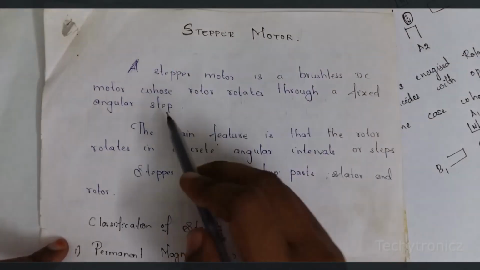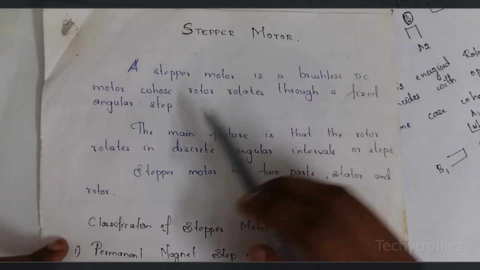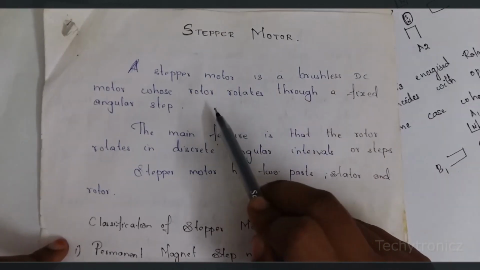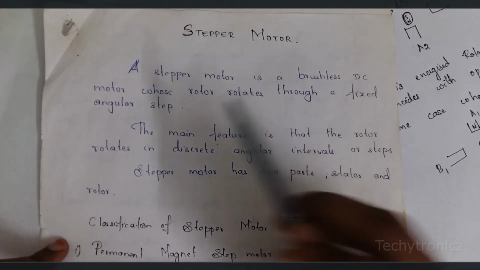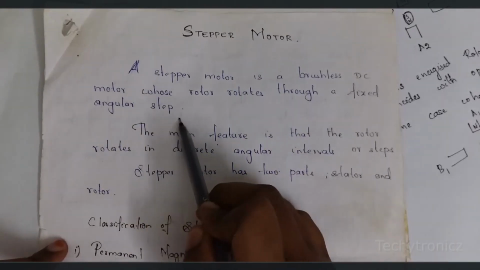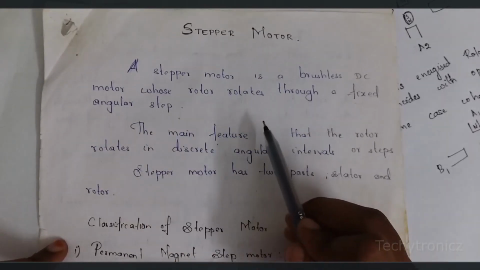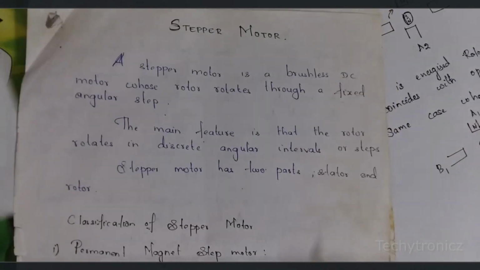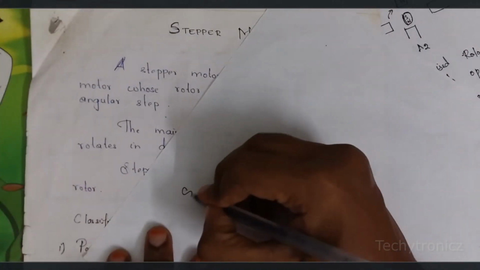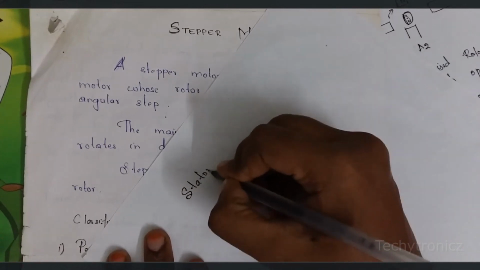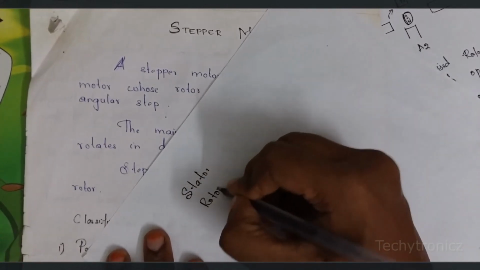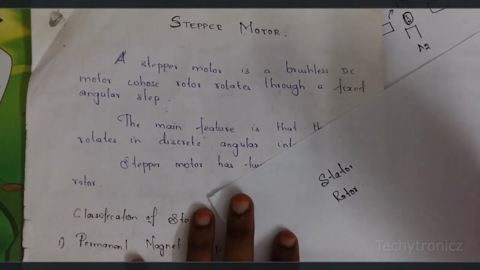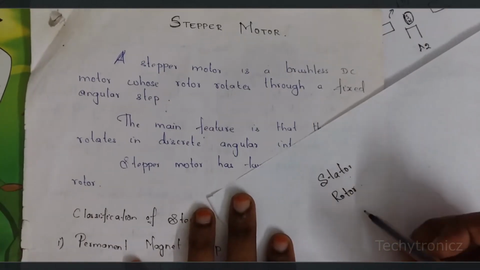A stepper motor is a brushless DC motor in which the rotor rotates through a fixed angular step. Normally a motor has a stator and rotor, and here in the stepper motor also we have a stator and rotor.